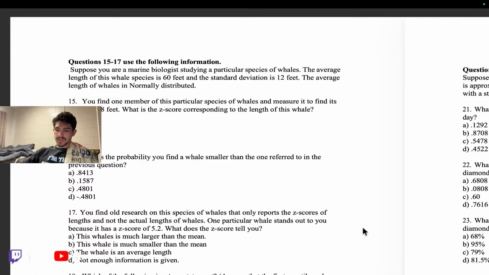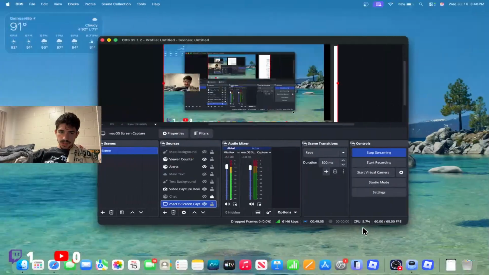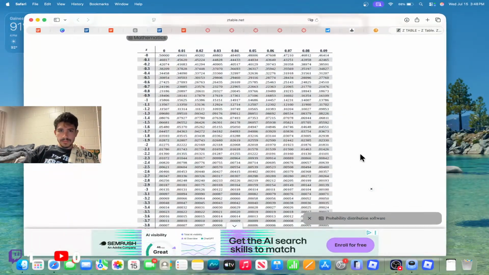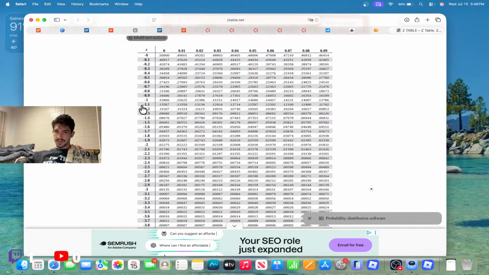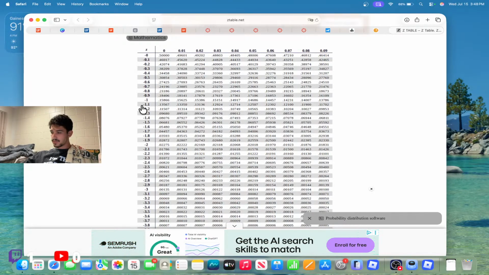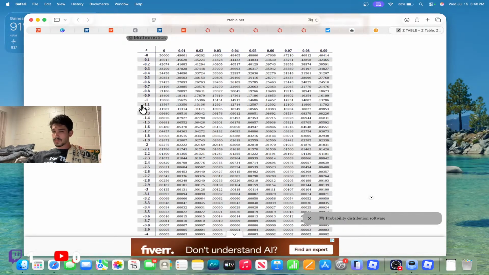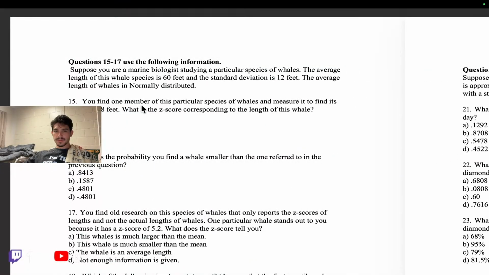So our z-score is going to be C here. What is the probability you find a whale smaller than the one referred to in the previous question? So the probability is z-score equals negative 1, which we can look at in the table. Negative 1 is going to be 0.15866 chance. So it's going to be B.